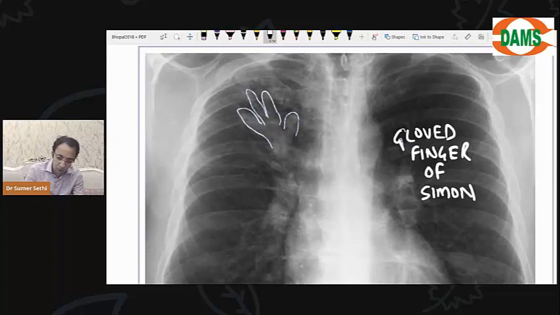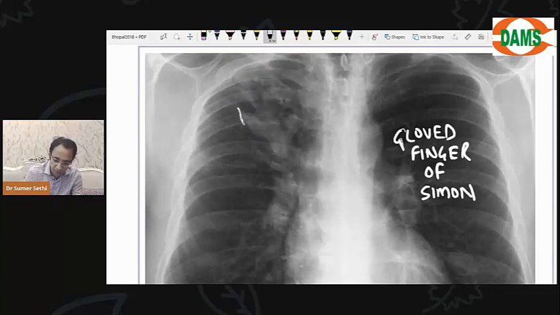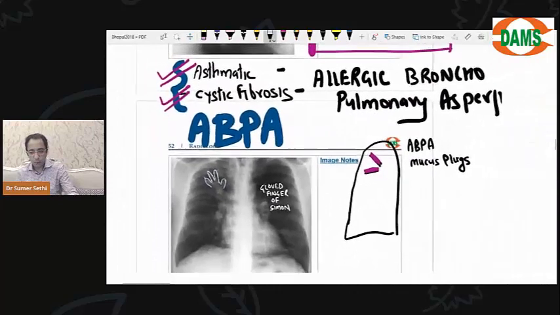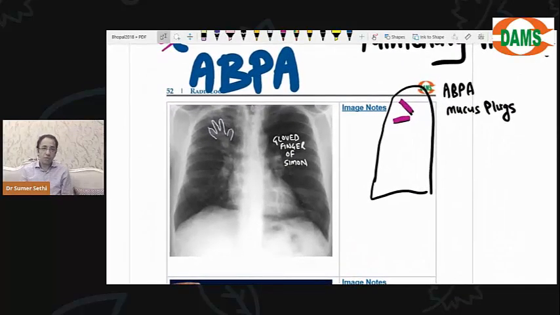It is so obvious. Agar aapne bhi dekha hota, you would have called it the same. So this is why it has been called the gloved finger appearance. In aspergilloma, we had the Monod sign, but in ABPA, the answer that you have to mark in the exam is gloved finger appearance, or we might say gloved finger of Simon appearance.